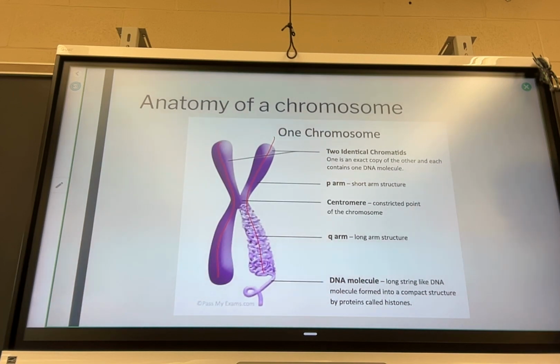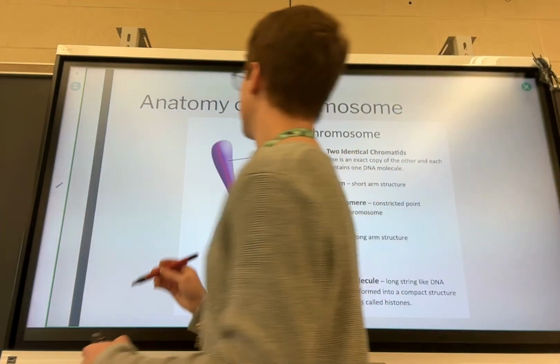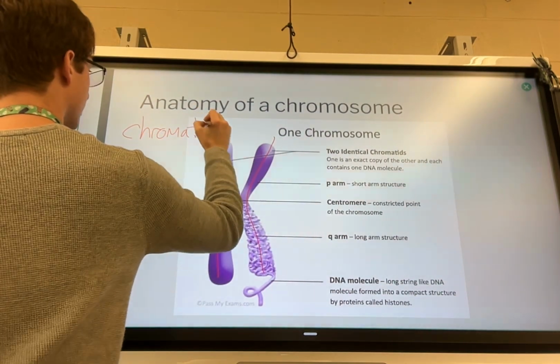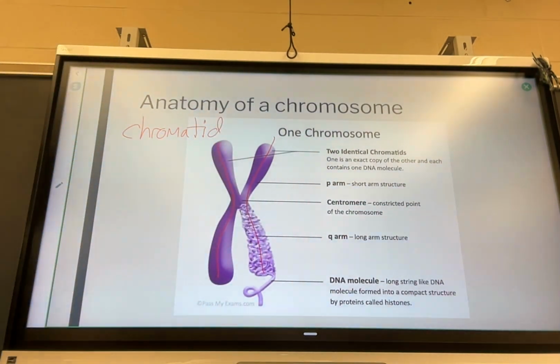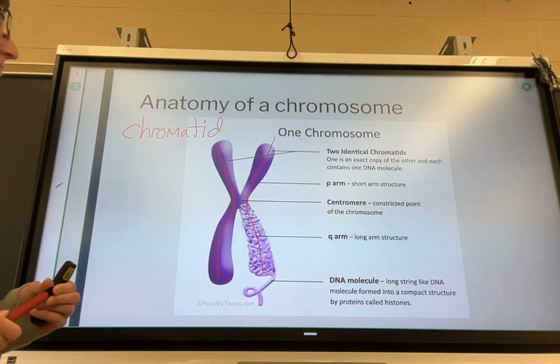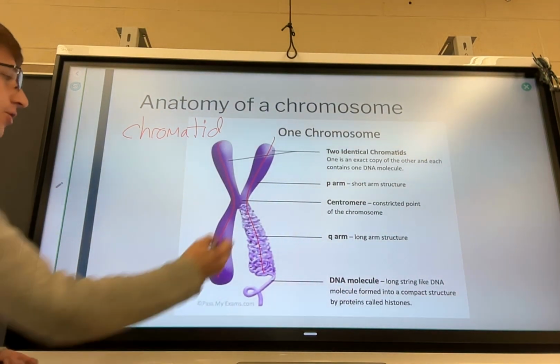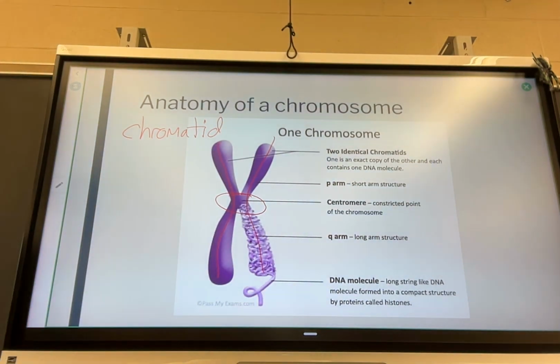So each individual one is a chromatid. The thing holding them together here in the middle is something called the centromere. Centro is central, so this is the central point on the chromosome.